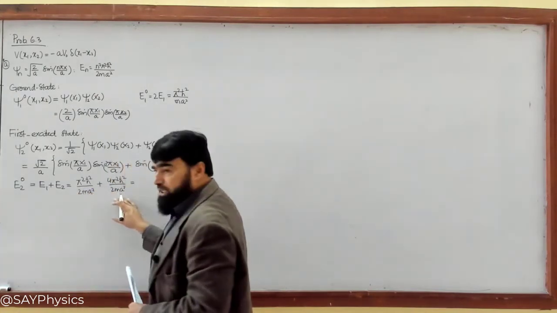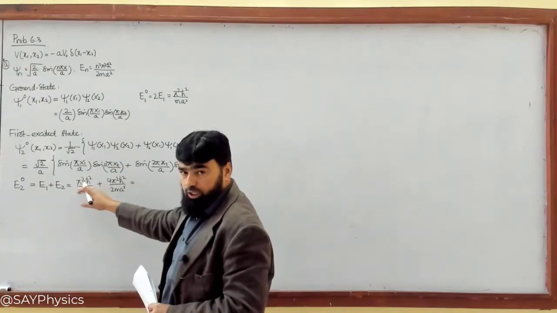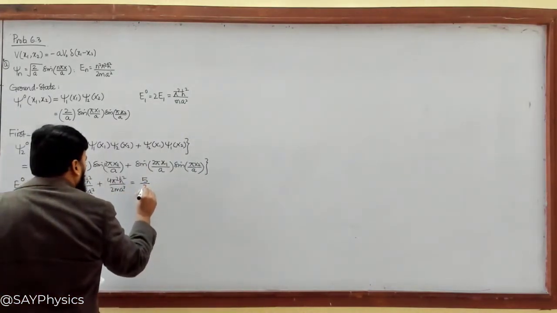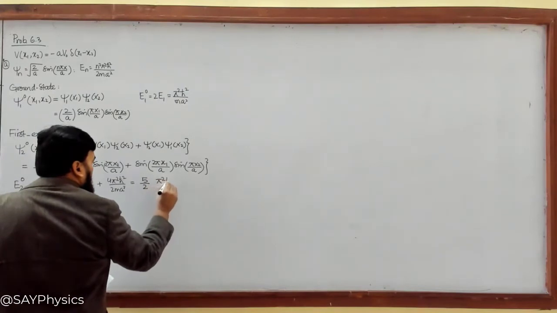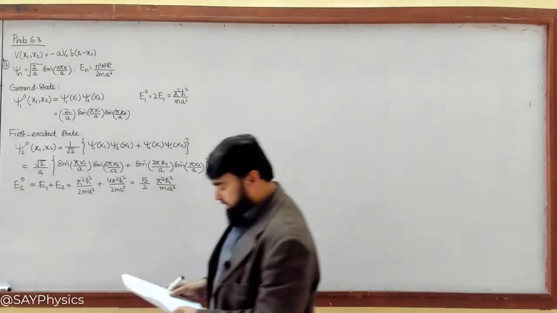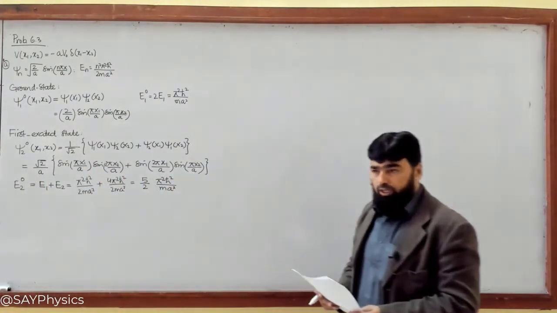Now the denominator is the same, so I can just add them up, and I can write that 5 by 2 pi square h bar square over ma square is the first excited state energy.